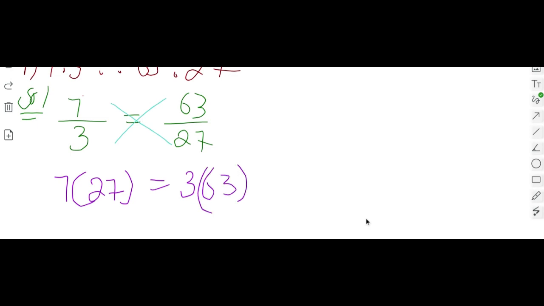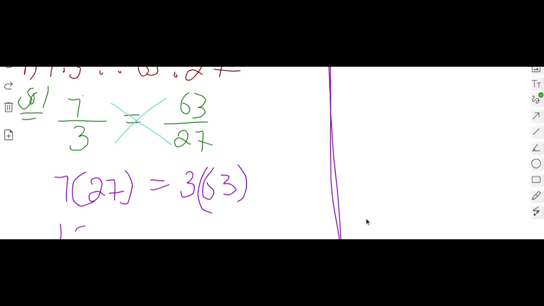Let me know if we are getting the same answer on both sides or not. 7 multiplied by 27 is 189.